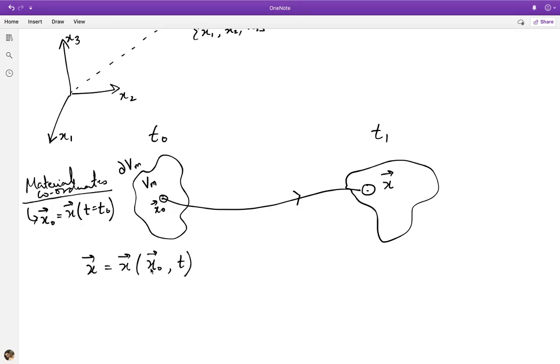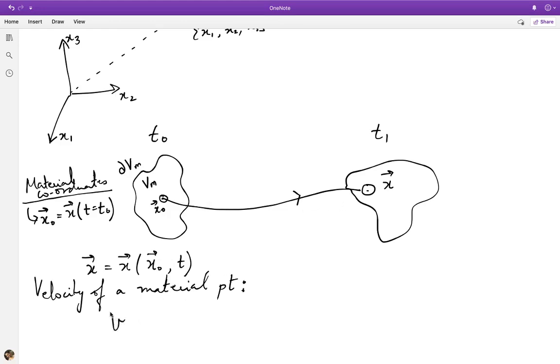All right, so now that we have this mapping which tells us how the spatial coordinate of a material point changes, we can now immediately define the velocity of a material point in a very natural way. So we are interested in the velocity of a material point. This is nothing but the velocity of this point as it moves in the fluid, to which we can apply our normal idea of a velocity as the rate of change of position.